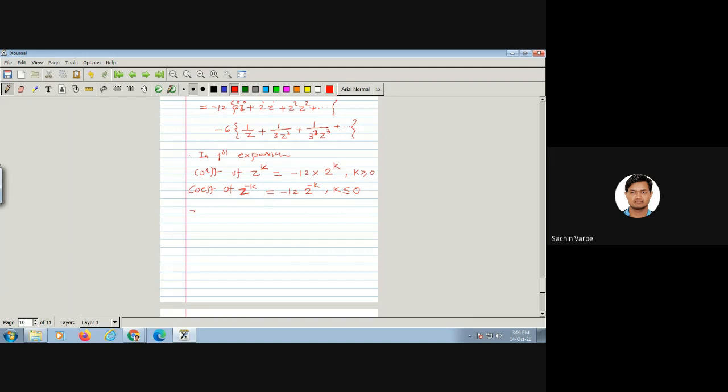In second part, this is in the first expansion and in second expansion. In second expansion, all the powers of z are negative.